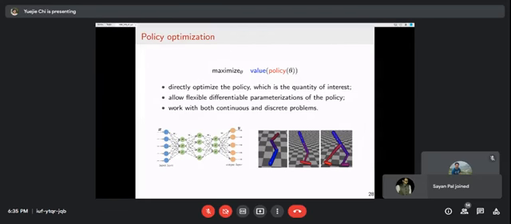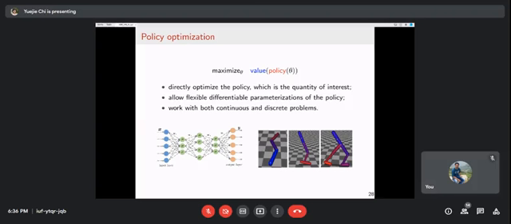This is popular and beneficial for several reasons. First, because it tries to directly optimize the policy, which is often the target of interest. This is the thing that we actually execute as an agent, in contrast to the value-based case where after you get the value function, you still need to do a greedification of the Q function in order to derive the policy.